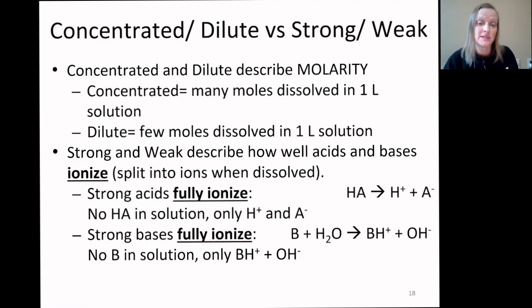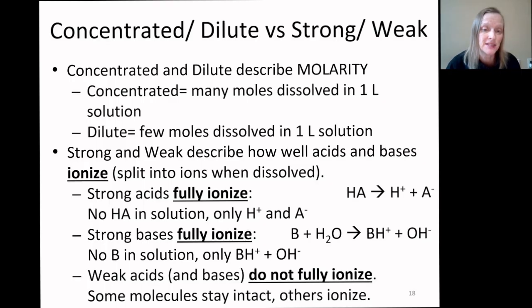Similarly, strong bases fully ionize. And typically, what makes a base is that it has hydroxide ions or produces hydroxide ions when it dissolves in water. Weak acids and weak bases, on the other hand, do not fully ionize. So some molecules are going to stay intact, whereas others will ionize.